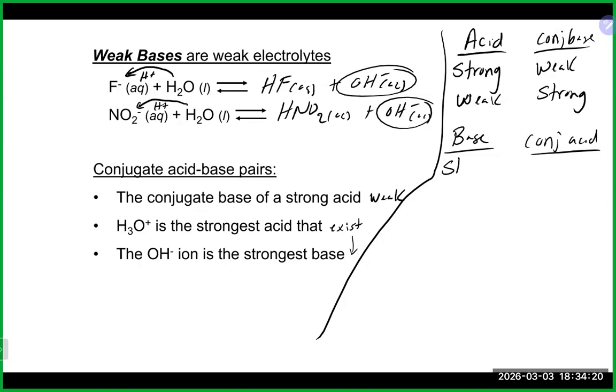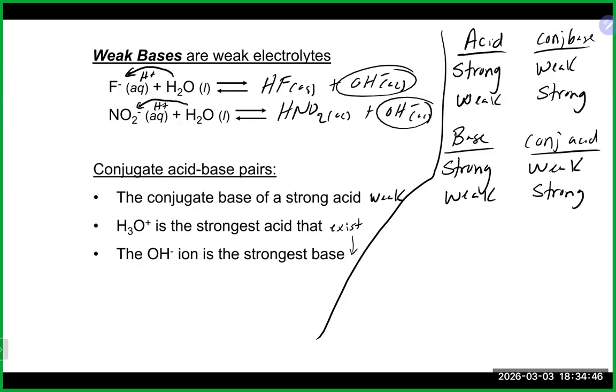If it is coming from a strong base, its conjugate acid will be relatively weak. And if it's coming from a weak base, its conjugate acid will be relatively strong. So that's a really important opposite relationship that comes up a lot in acid-base chemistry: if it comes from something strong, it's going to be weak. If it comes from something weak, it's going to be strong.